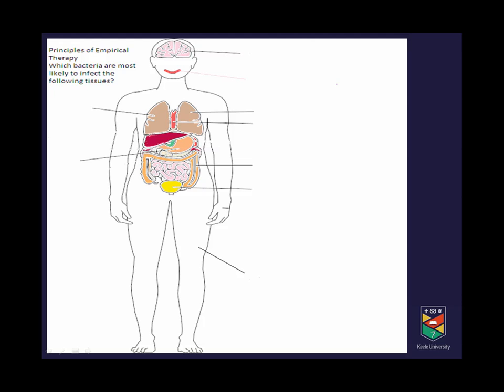So for instance, in the lungs, one of the most common infective agents would be Streptococcus pneumoniae. In the bladder, you would get Escherichia coli. In the large intestine, one of the most problematic organisms is Clostridium difficile.